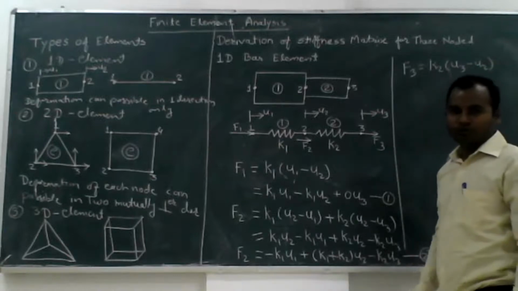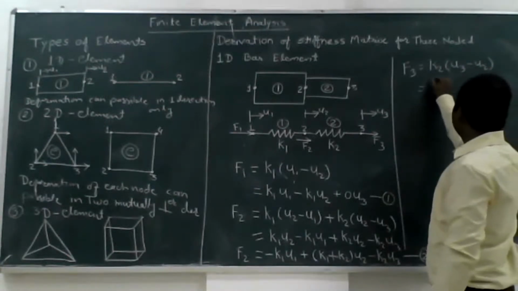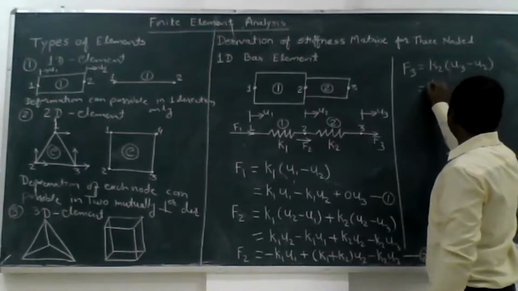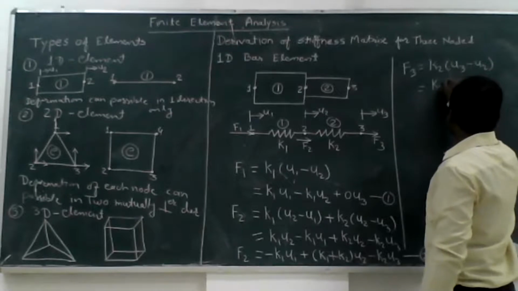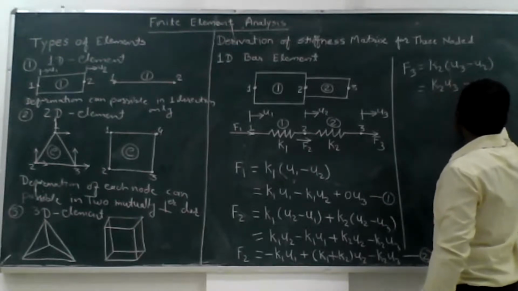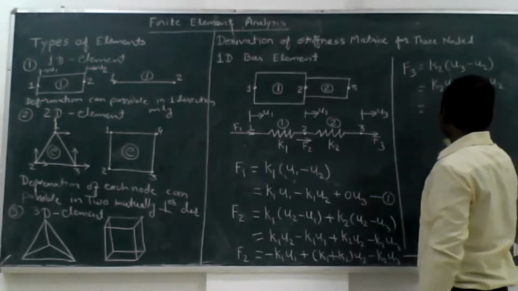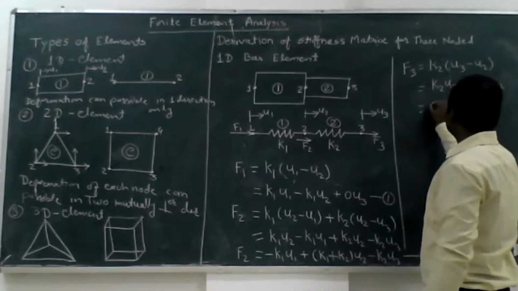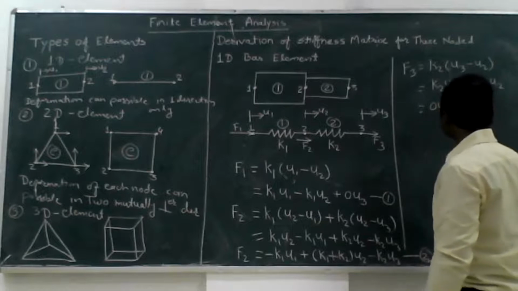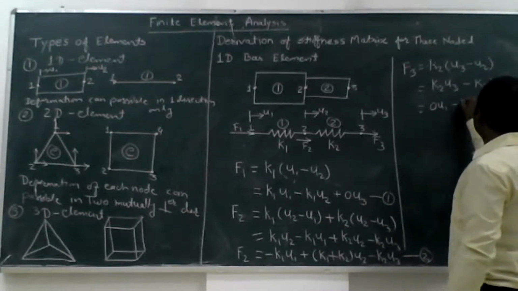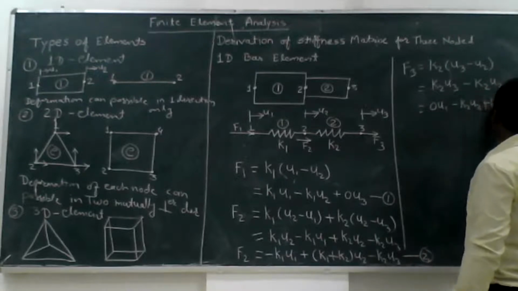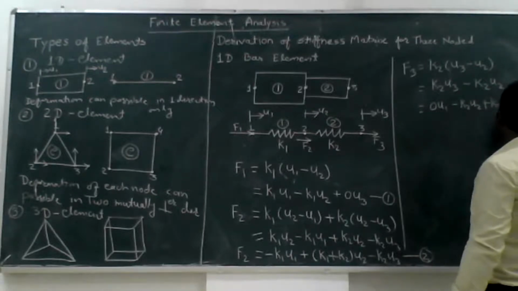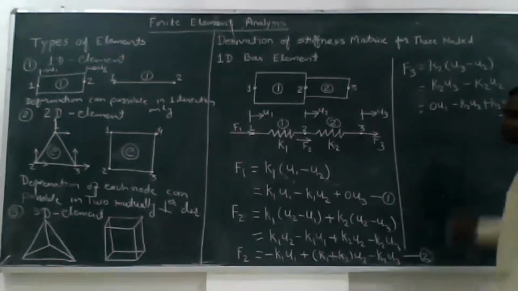So U3 minus U2, which is K2 U3 minus K2 U2. Again I simplify it: first I require the U1 term, so 0 U1 minus K2 U2 plus K2 U3. This is equation number 3.